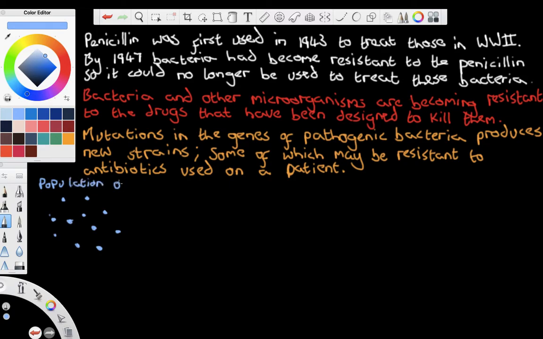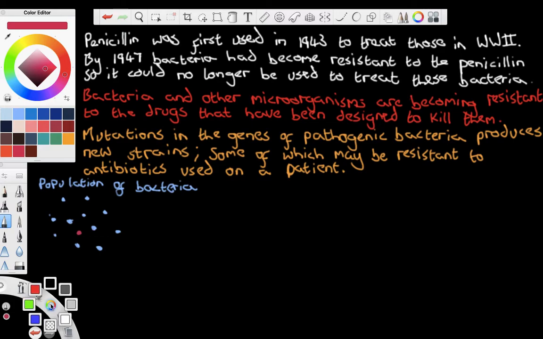And I want you to imagine that one of these bacteria has got a mutation, which I'm going to put in this red colour so that it stands out. Okay?